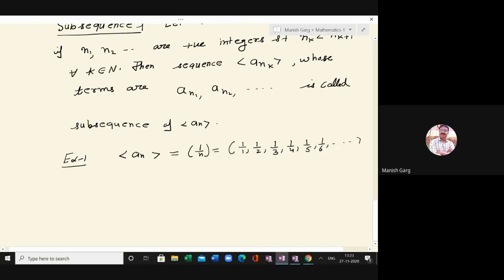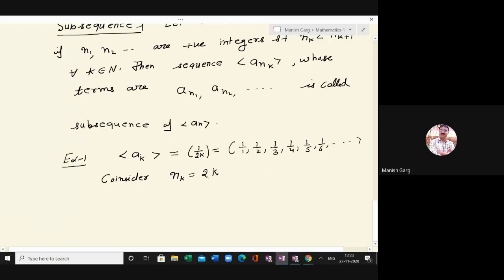If you consider n_k equal to twice k, here I am writing 1 by twice k for your understanding only.